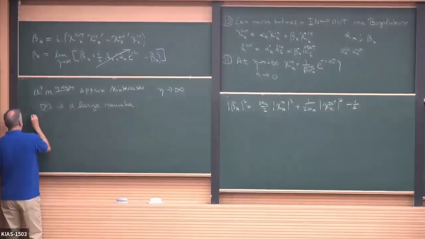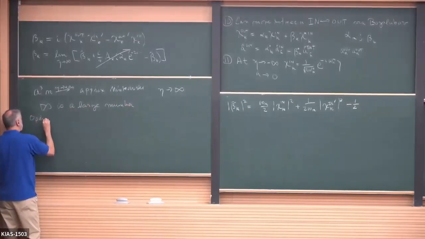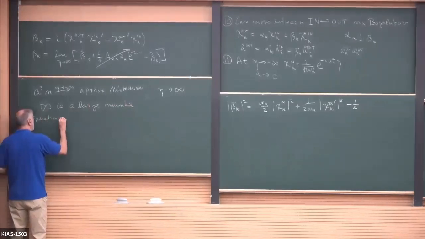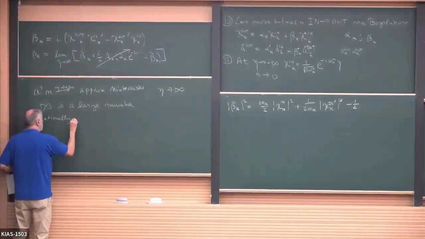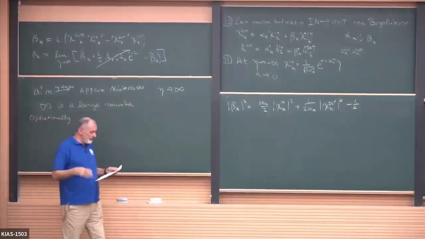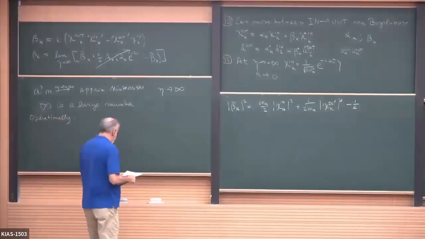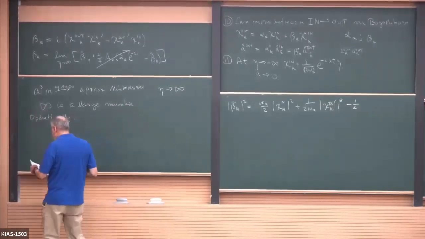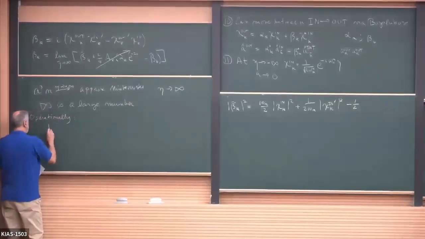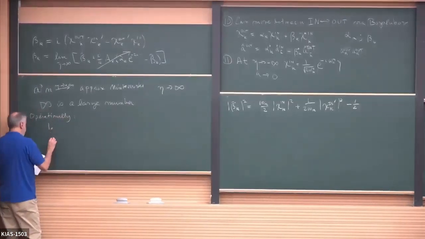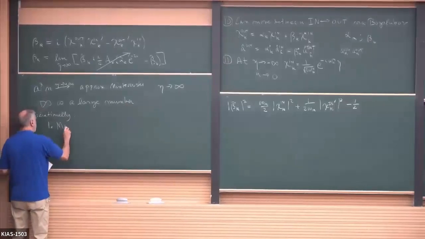So operationally, to define the number density of particles, we want to have three things satisfied. One is the mode is inside the Hubble radius.